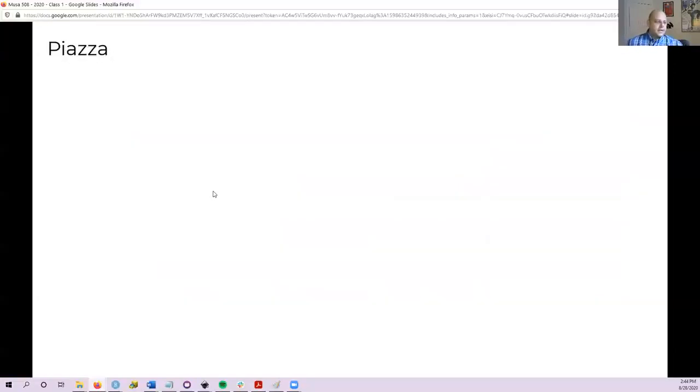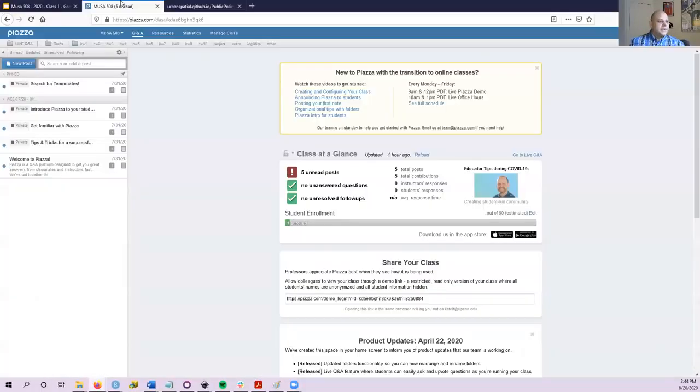Finally, Piazza. The Piazza page right now is blank. I probably won't add your emails until maybe I'll have Michael add your emails late next week. If you haven't used Piazza before, it's a really wonderful resource, particularly for us, as we can have a lot of coding questions.